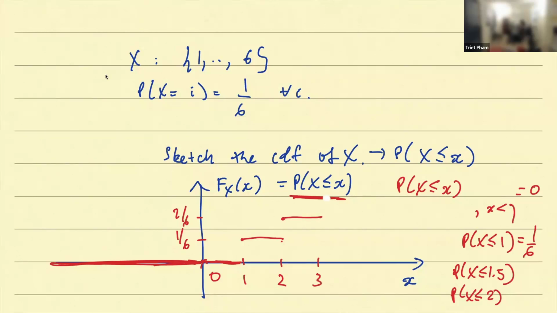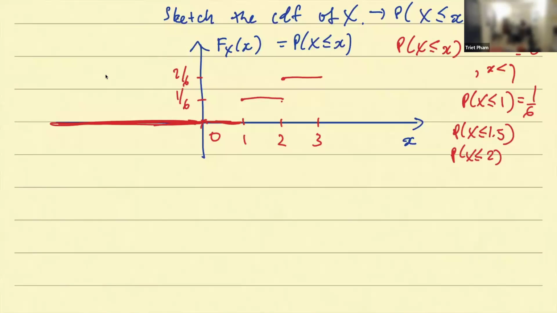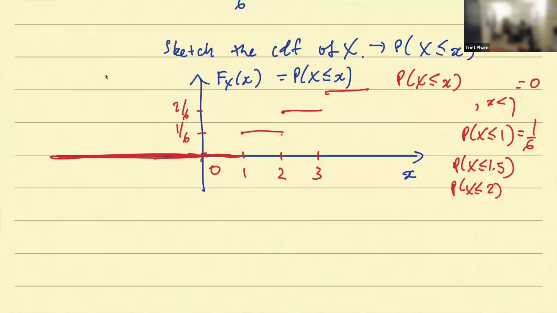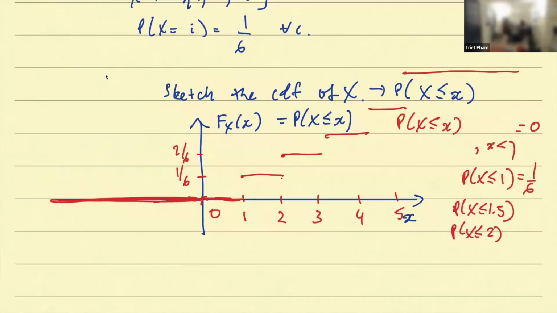And so on. Let me redraw the picture. You see there will be a jump here, a jump here, and then finally a jump at 6.